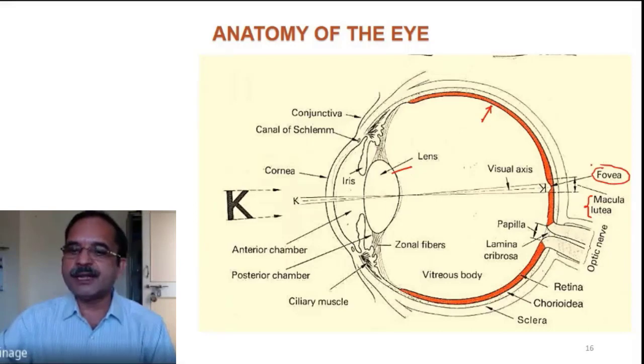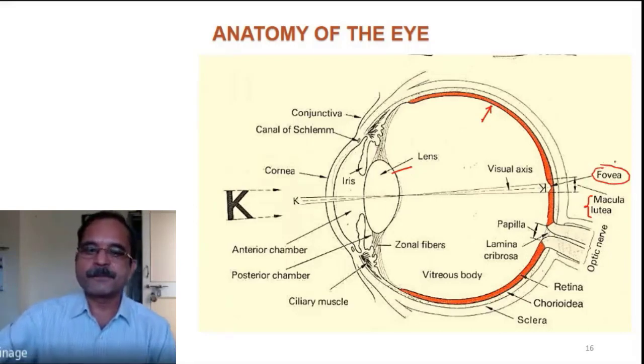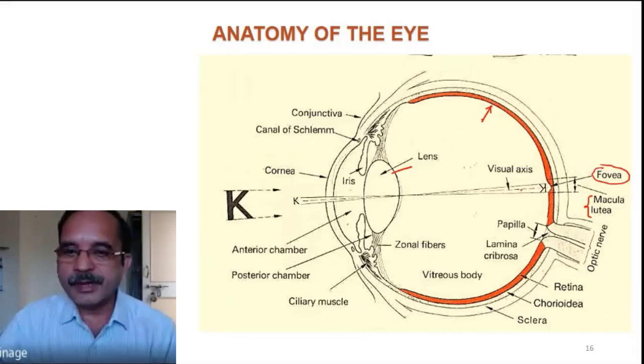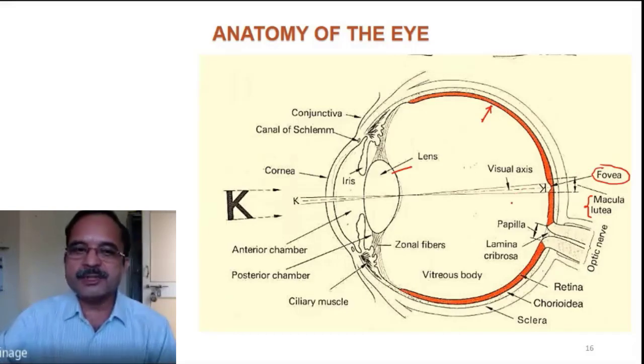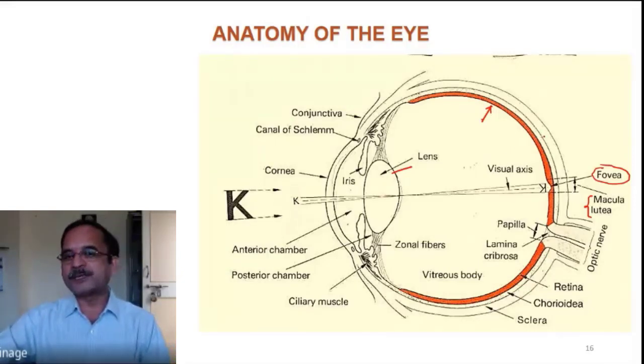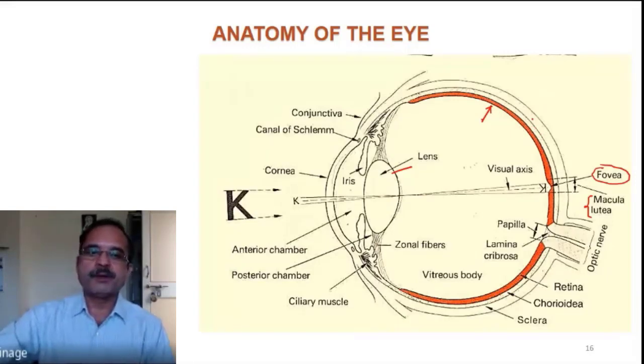These are just like sensors. These are responsible for sensing the image, and there are some cellular structures called rods and cones. The cones are responsible for sensing color information, and rods are responsible for sensing luminous information, and rods are more in number. Okay, so that is in brief about the eye.